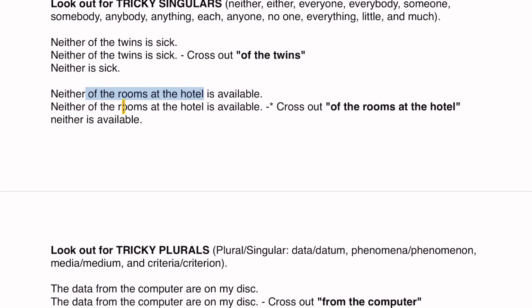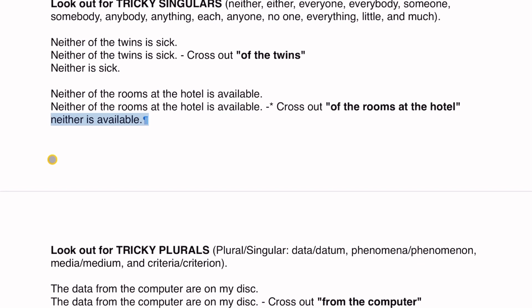Neither of the rooms at the hotel is available. شيلها. Cross out of the rooms. شلتها أصبح neither هو السبجكت. Neither زي ما قلنا is a tricky singular، لكن singular يبقى is correct. يبقى neither is available. تمام كده.